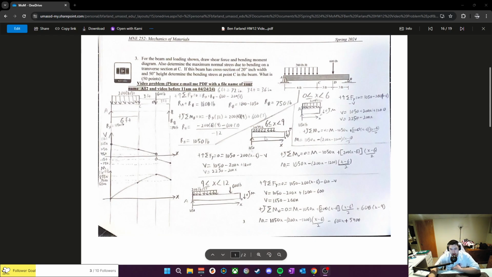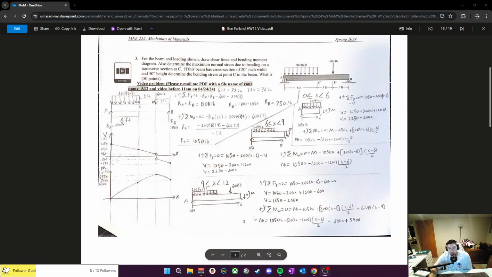Sum of the forces in the y direction, up is positive, is equal to 0, which is equal to 1050 minus 200 times x minus 6 minus 600 minus V, where V is equal to 1650 minus 200x. Once we put x of 9 in, it becomes negative 150, so there's a discontinuity there. It jumps from 450 to negative 150.